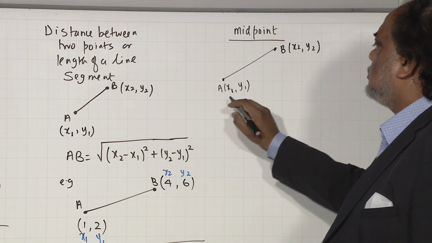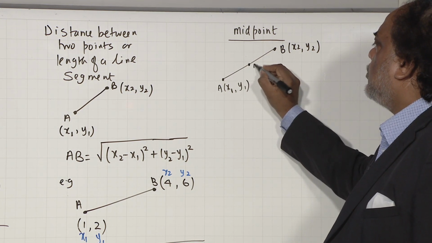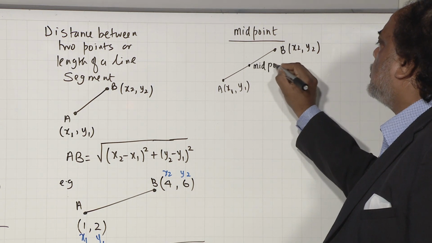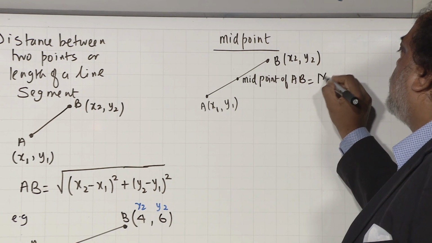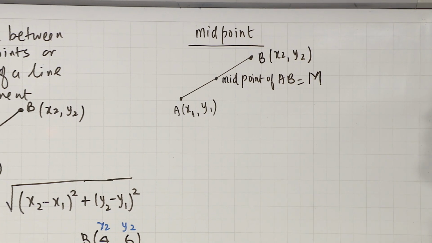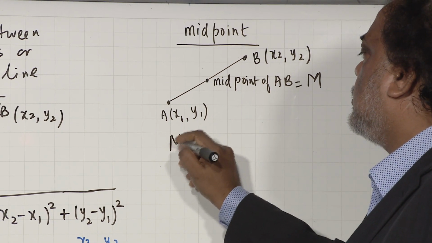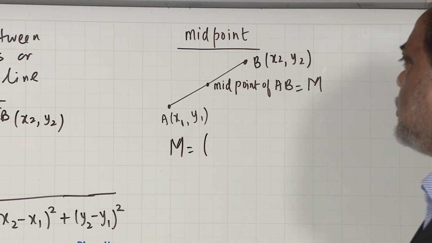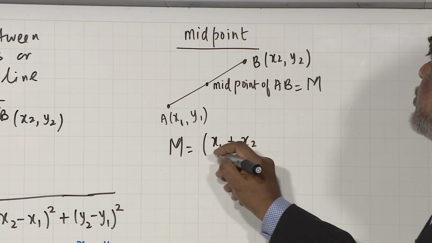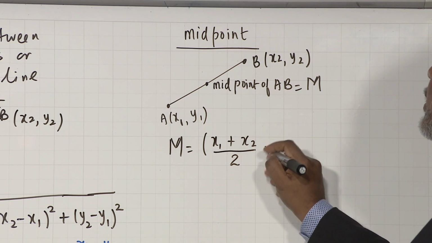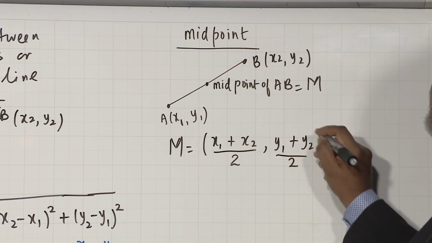So, what is the midpoint? The midpoint of AB, I'm going to label it as M. What is the midpoint of AB? x1 plus x2 divided by 2, y1 plus y2 divided by 2.